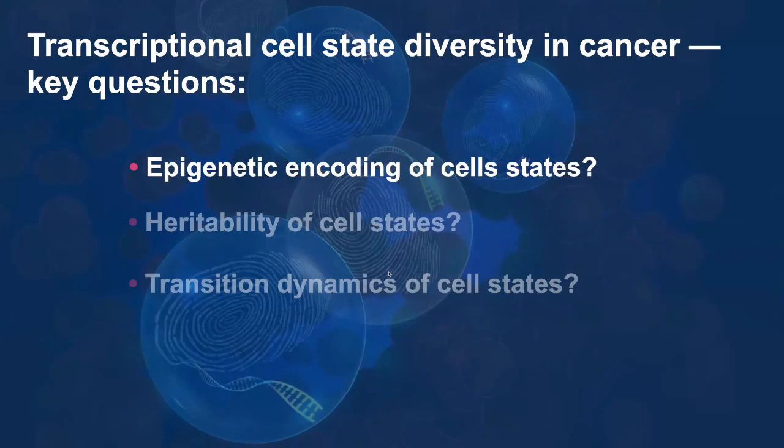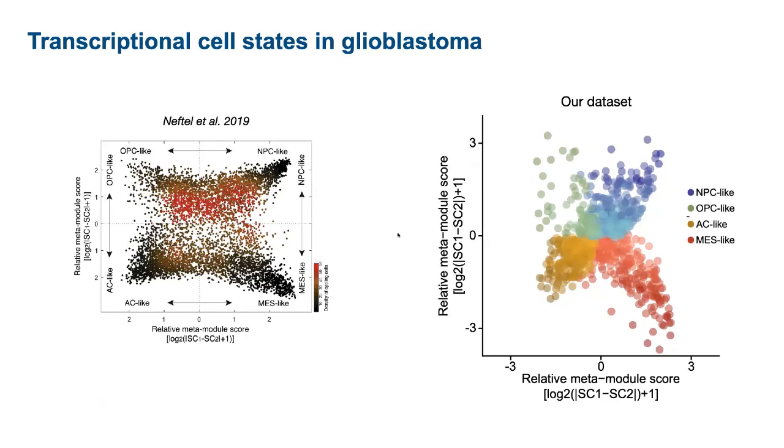So now our multi-omic dataset provides a unique opportunity to directly examine the epigenetic encoding of this heterogeneous cellular state. And so we first showed that our dataset can actually recapitulate the diversity of cell state that were previously reported, spanning stem, progenitor-like state, and more differentiated state associated with astrocyte-like or mesenchymal-like products.